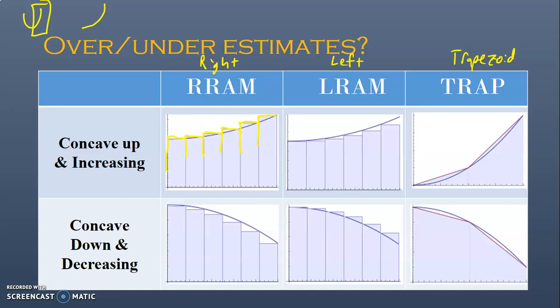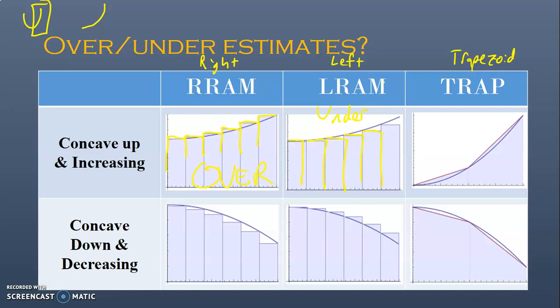So when I'm looking at a right Riemann sum, if it's increasing, we are going to have an overestimate. If I have a left Riemann sum, when it's increasing, I'm drawing the rectangles from the left side each time. So this is going to be an underestimate because each of these rectangles is underneath the curve.